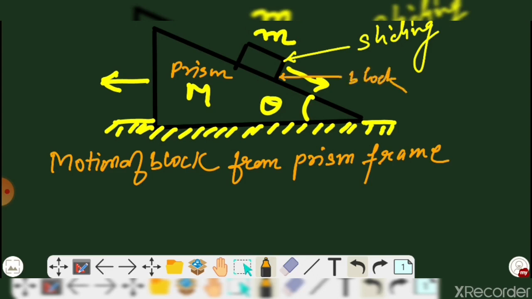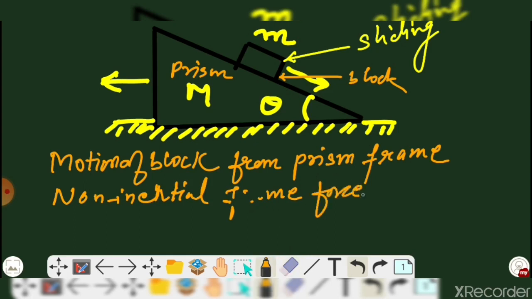Now an important point is that when we are considering non-inertial frames, one force occurs, which is considered a pseudo force. What is the concept behind the pseudo force? A very important concept.